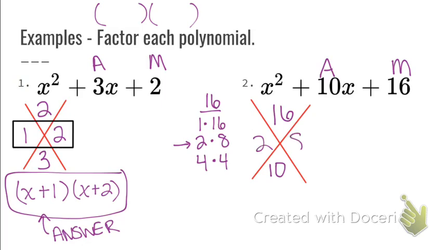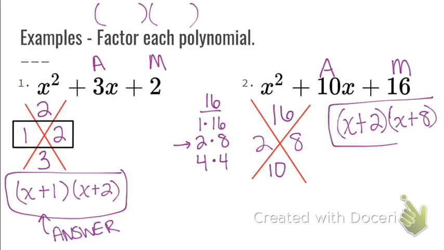So those numbers would fill in our magic X. And then we can write our answer, x plus 2, x plus 8. So we're just taking what we did yesterday a step further so that it will help us factor.